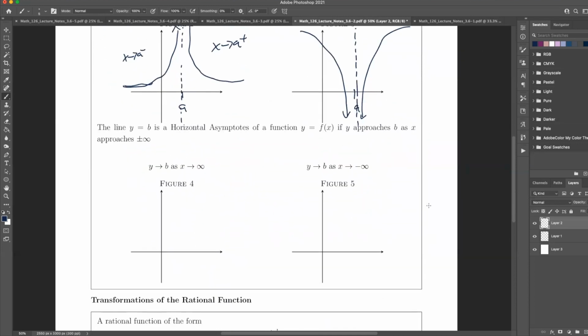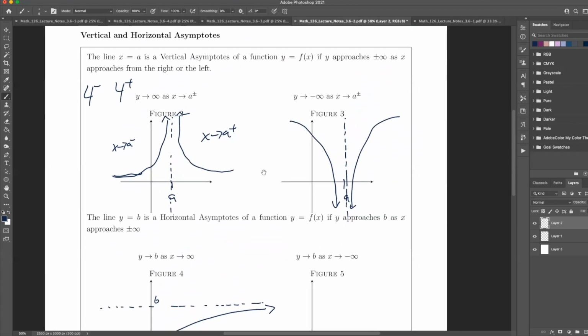You're going to have horizontal asymptotes. This is what happens when x approaches infinity and negative infinity. So here, a horizontal asymptote at b, so y approaches b. Let's pretend this is b. The function, as I go out to infinity, will approach b, but does not pass it. Or I guess it can pass it. The funny part is, for vertical asymptotes, the way your book defines it is these are lines which never get passed.